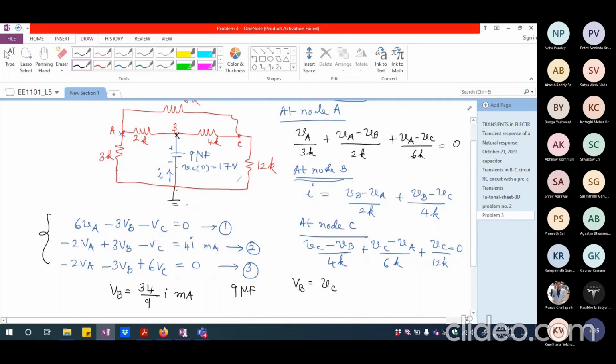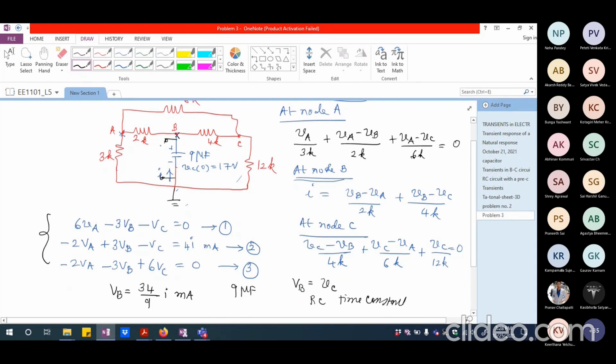So if I am going to have a current which is 34 by 9 milliampere, which is actually the current flowing through this, then will we be able to arrive at the equivalent resistance seen by this portion along with the capacitance, and the RC time constant? That is what we are going to look at.